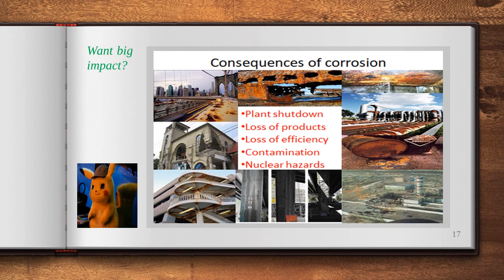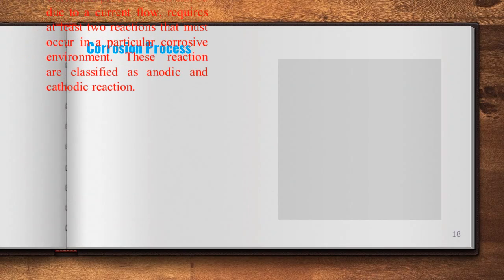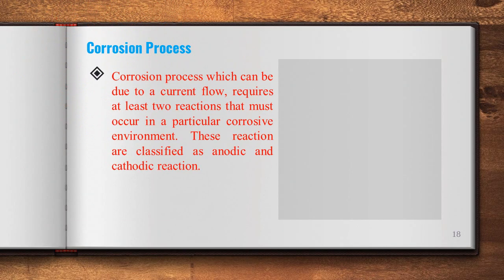Some other consequences of corrosion are also depicted here. The plant shutdown, loss of products, loss of efficiency, contamination, and nuclear hazard as stated earlier. Corrosion process, which can be due to a current flow, requires at least two reactions that must occur in a particular corrosive environment.